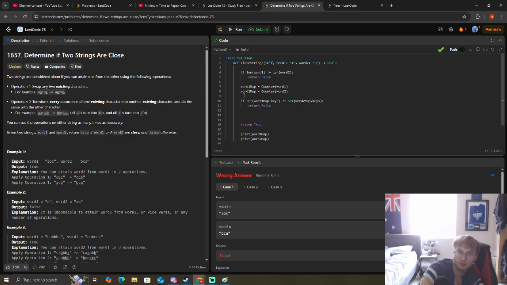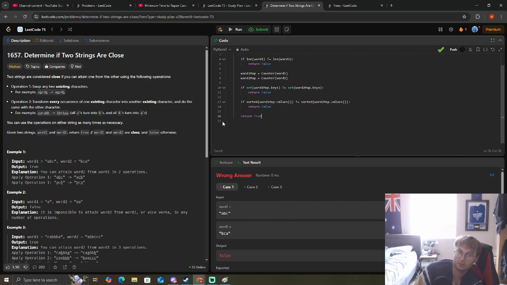Now to check the values, if sorted word 1 map dot values does not equal sorted word 2 map dot values, then we would just return false. Oh my god, I'm thinking Java, bro. No Java, dude. Otherwise we just return true.